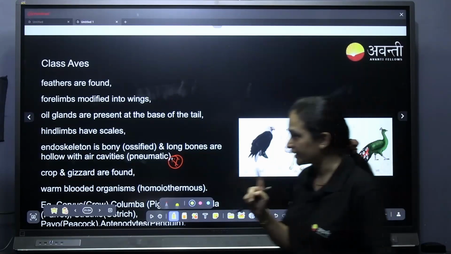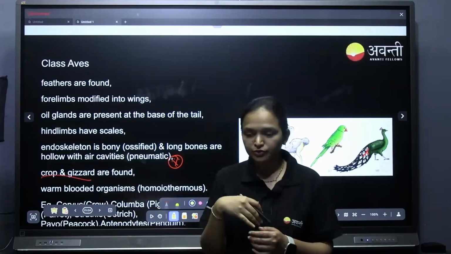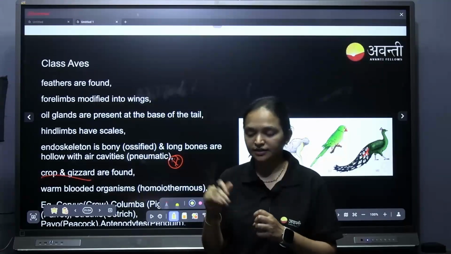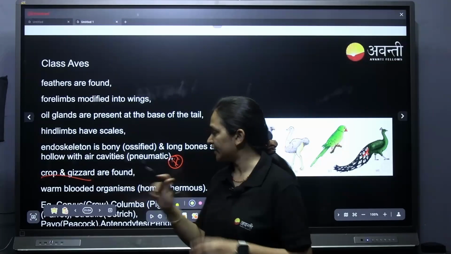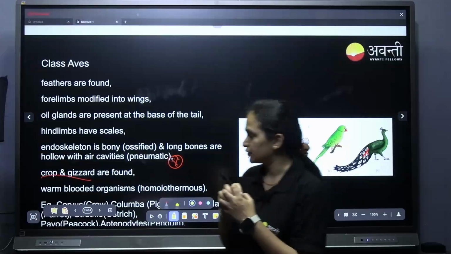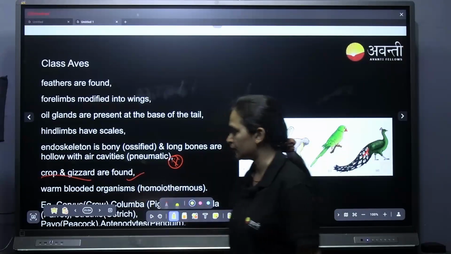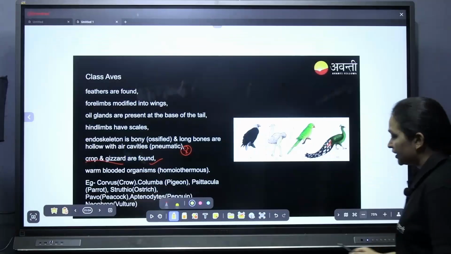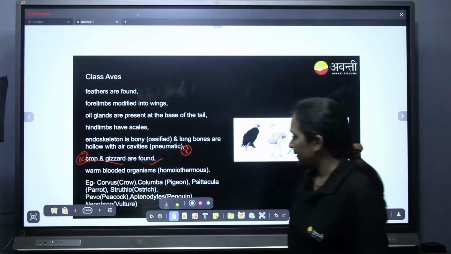They also have crop and gizzard, because they swallow the food directly, as they don't have teeth to chew it. They have crop and gizzard in the stomach to grind the food they have swallowed. This becomes one of the important points for Aves, crop and gizzard.